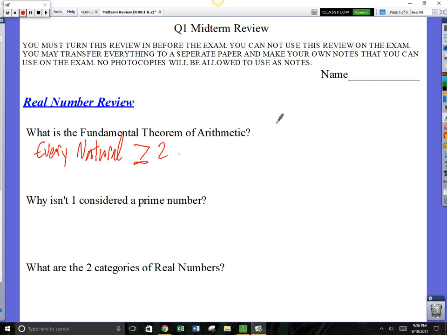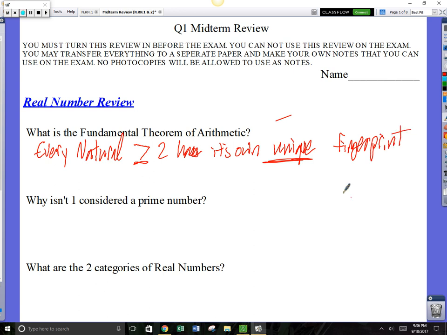So from 2 on has its own unique, and that's the big idea, its own unique fingerprint. And when we say fingerprint, we really mean prime factorization.